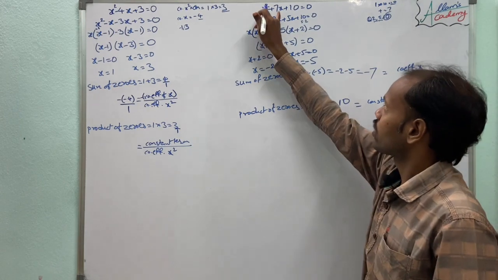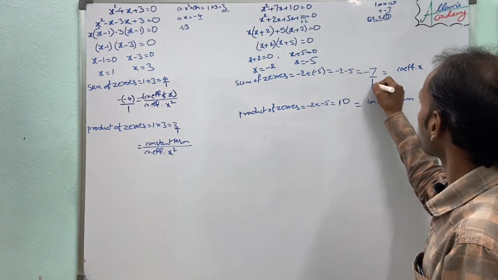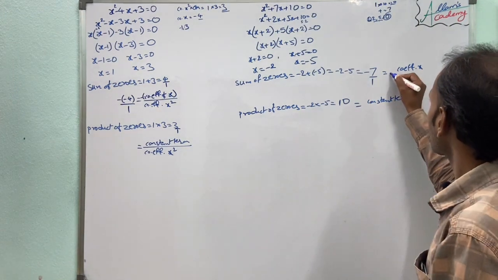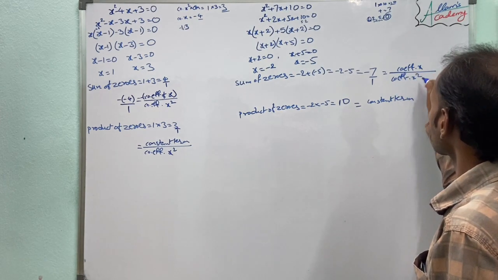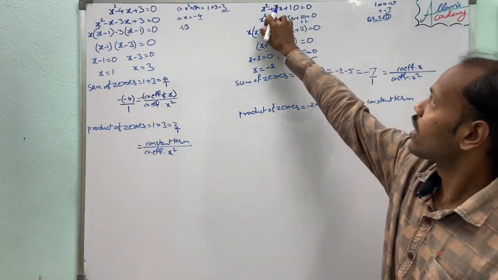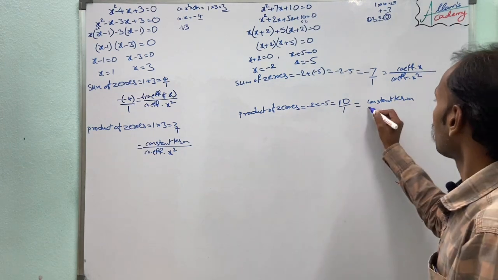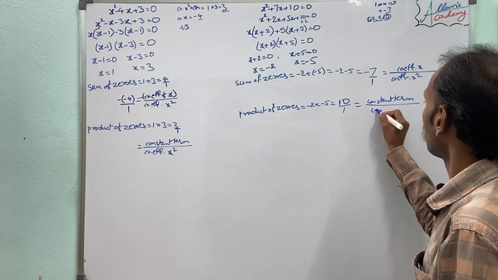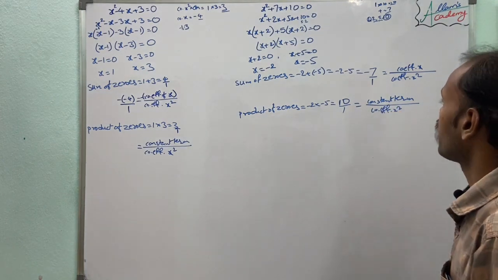So here also the x square coefficient is 1. So here we are writing 7 by 1. That means we can write coefficient of x by coefficient of x square. Here also with x square coefficient 1, we can write 10 by 1, that means constant term by coefficient of x square.